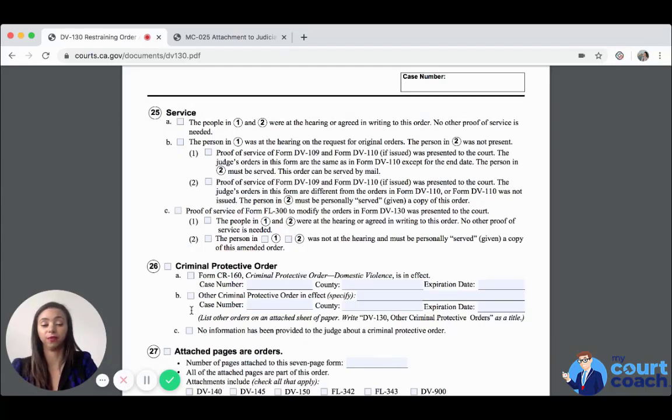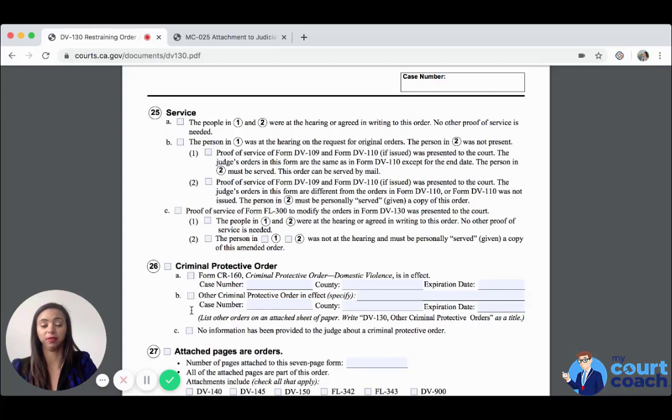So if they were not present and the court changed the orders that were not on your temporary restraining order, then you would in fact have to personally serve a copy of this order, and the sheriffs can go ahead and provide that service.